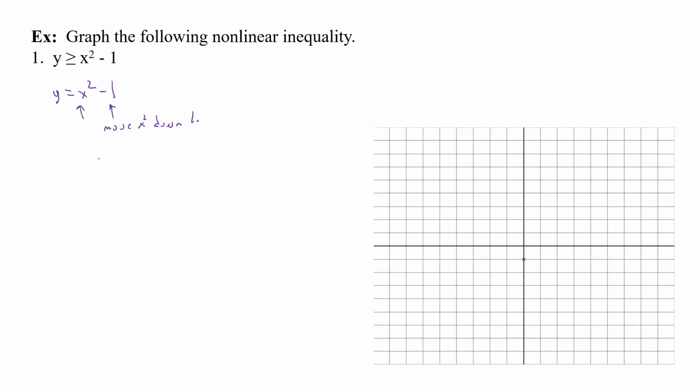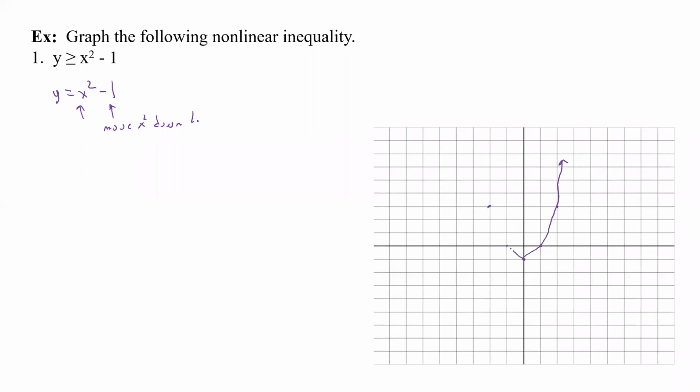And so if we plug in 1, 1 squared is 1, minus 1 is 0. So our first point we can draw on the graph is here. And if you plug in minus 1, we get that point. If we plug in 2, 2 squared is 4, minus 1 is 3. So (2, 3), and then (-2, 3). And so it's going to look something like this.